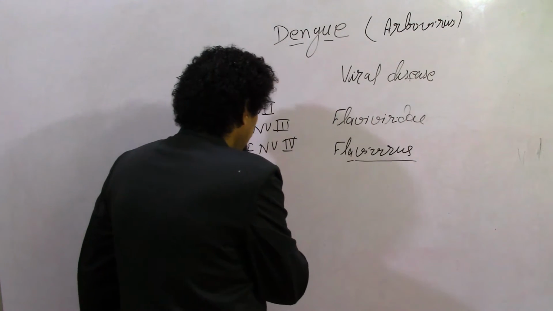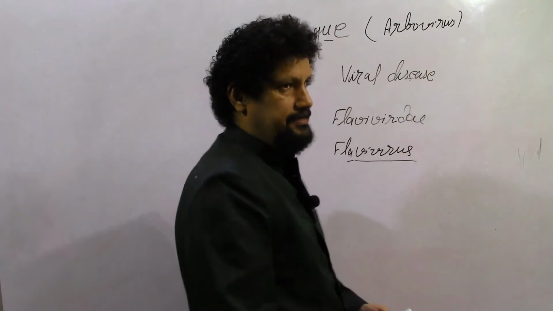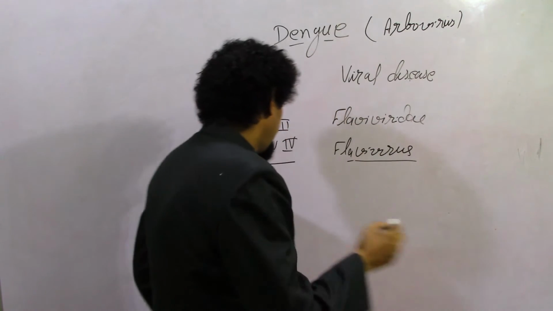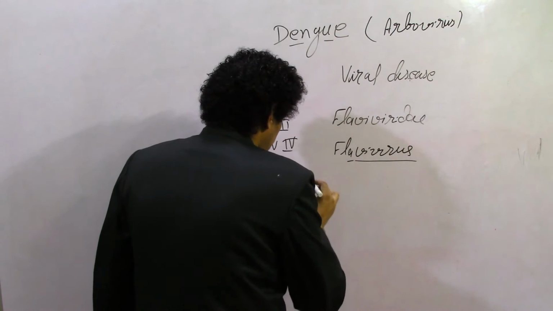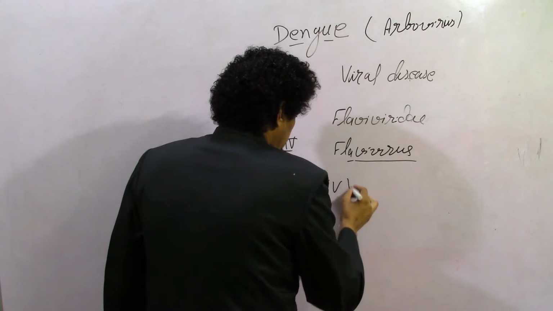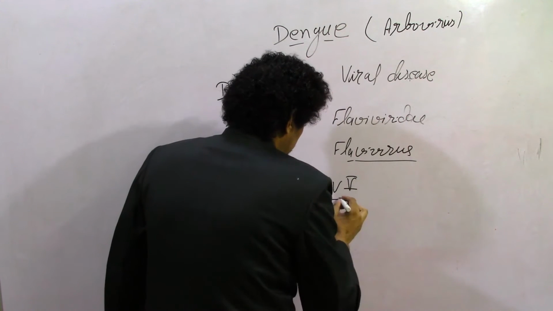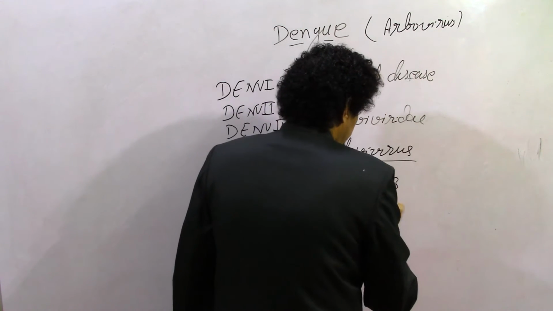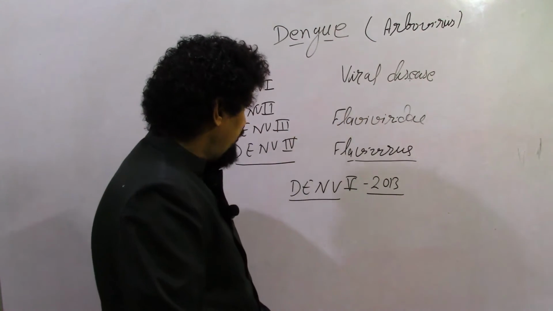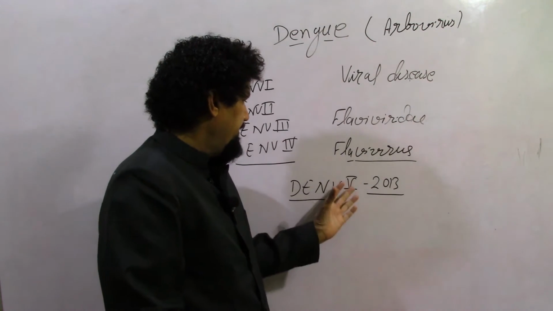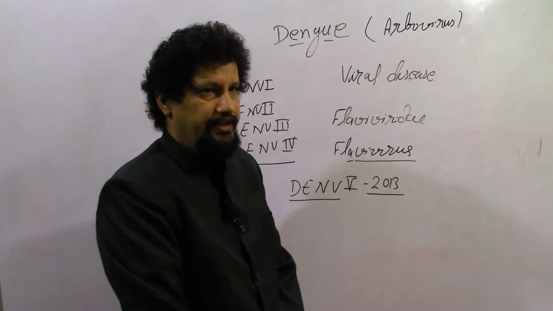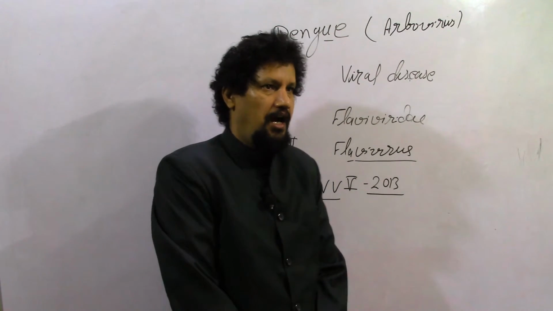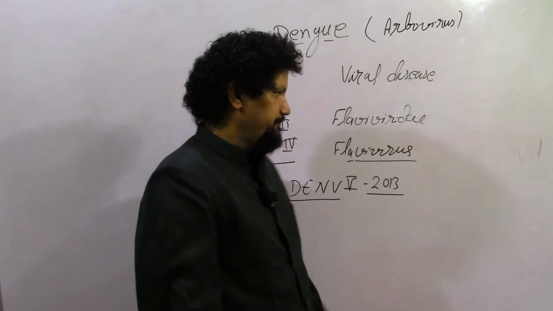In recent research, a fifth serotype, DENV5, has been detected. In 2013, one more serotype of the dengue virus was isolated from autopsy samples, the serum, the plasma and CSF.